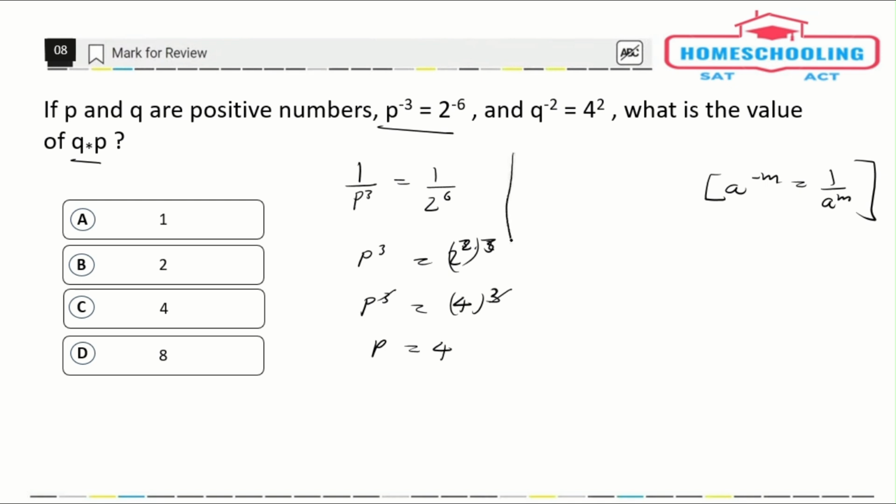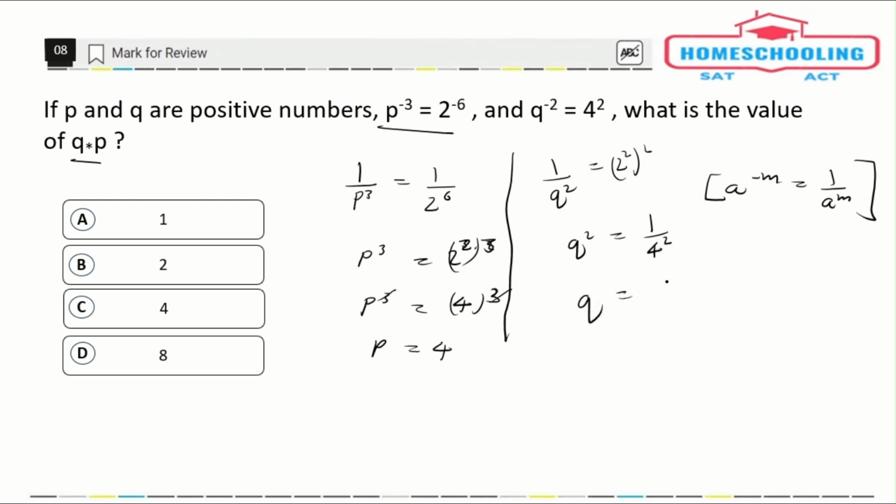Now we will take this one. It can be written as 1 by q square is equal to 2 square, because 4 can be written as 2 square, and whole square. So q square can be written as 1 by 4 whole square.